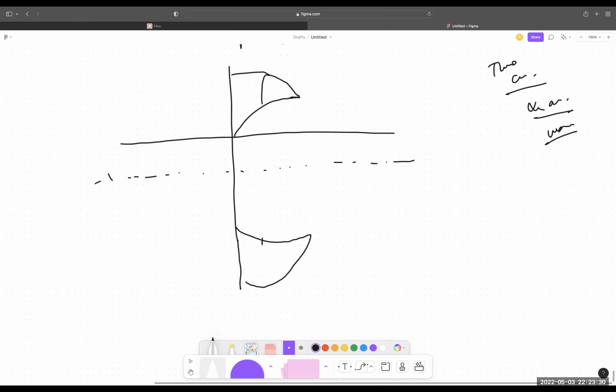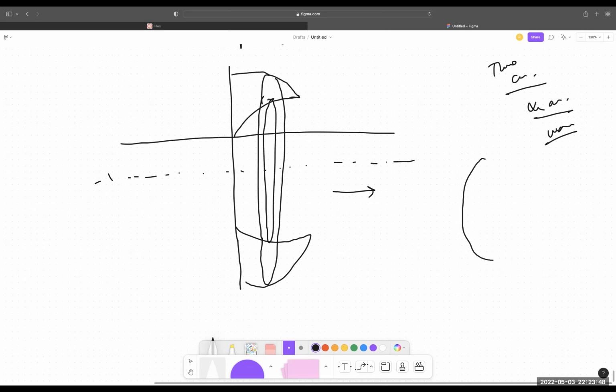We would draw it, it would come down, but this middle piece would actually be a gap. Everything inside here is just a gap. If we were to flatten it out, we would have a gap like that, and it's being run through this shape.